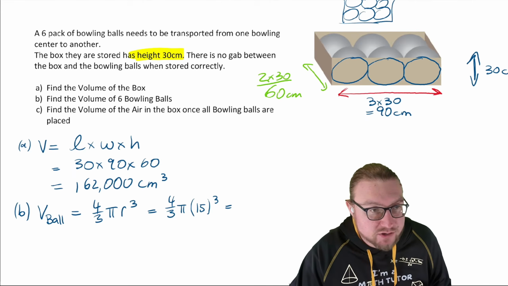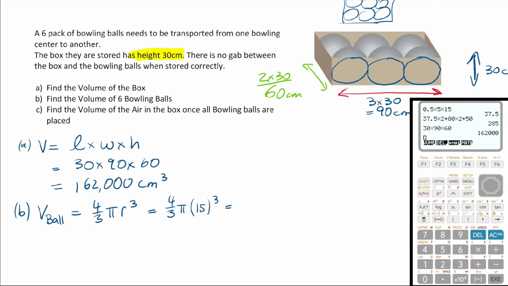And we can put that into our calculator as well. So we're going to get 4/3. You can probably use a fraction here as well, but it doesn't matter. Let's do 4/3 times pi, which is here in the bottom, and then multiplied by 15 to the power of 3.